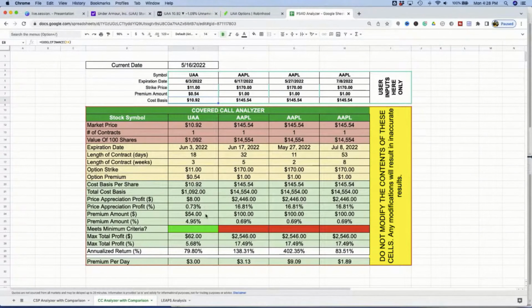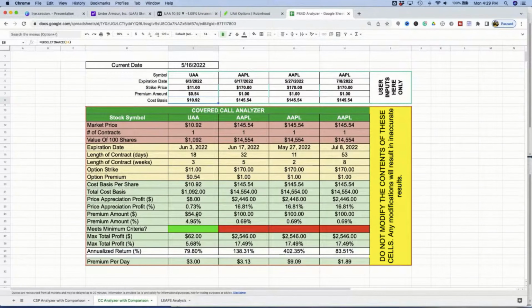By the same token, I did receive $54 in premium as a premium payment for selling the covered call option contract. And that $54 represents a gain of just under 5%. So I made just under 5% just for selling the covered call option contract. So for owning the shares and selling a covered call, I'm able to generate 5% in 3 weeks, this 18 days.